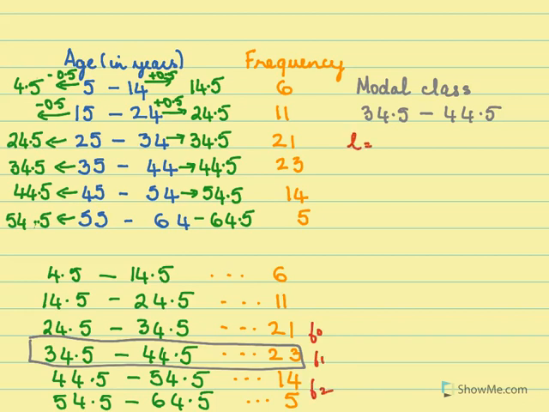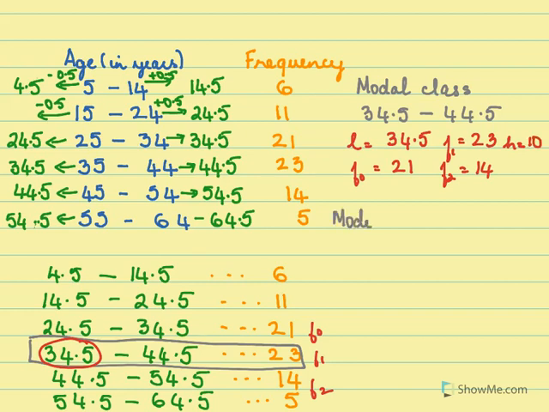So L is the lower limit of the modal class, that is 34.5. Then we have F0 is 21, F1 is 23, F2 is 14, and H is the class size. In this case it is 44.5 minus 34.5, and that is 10.